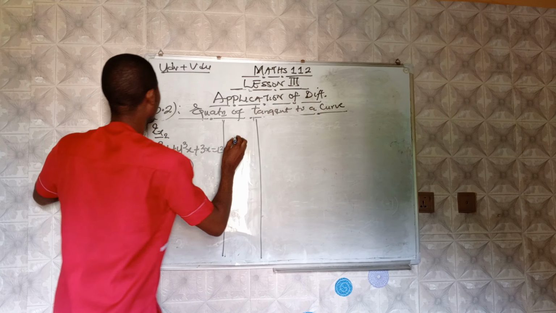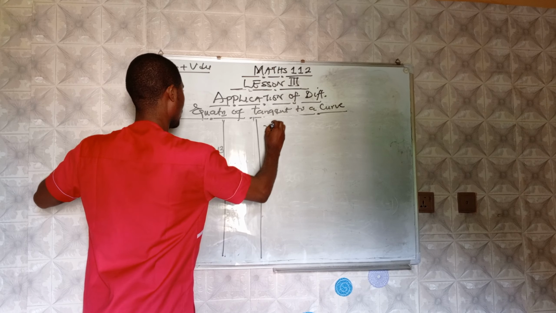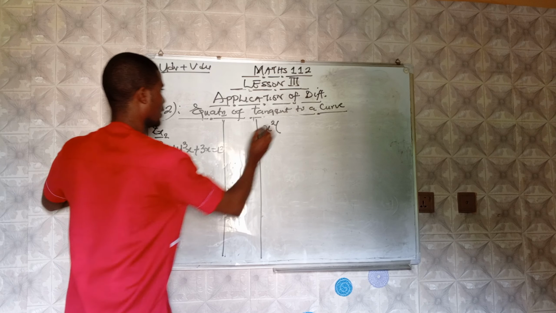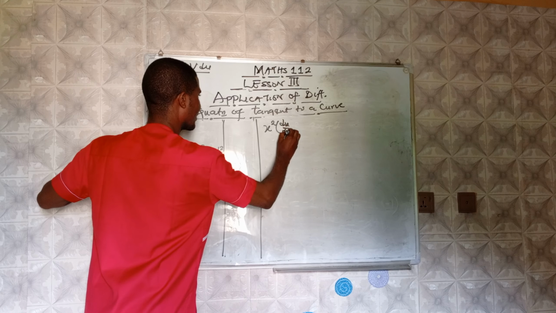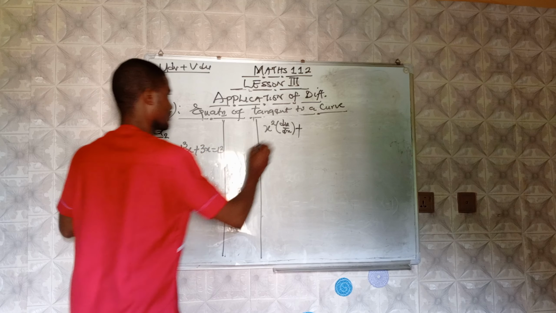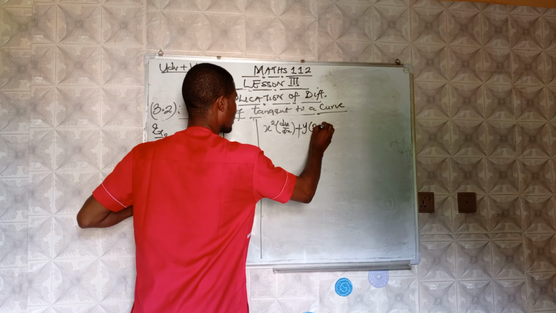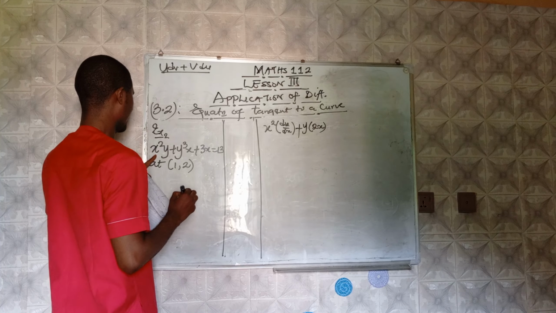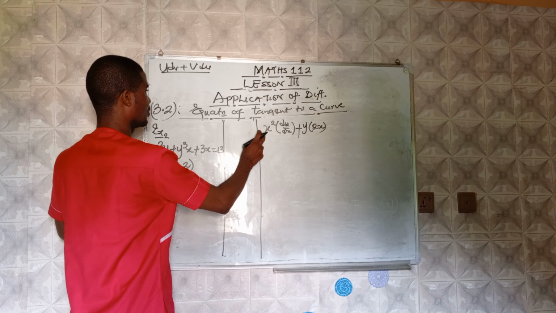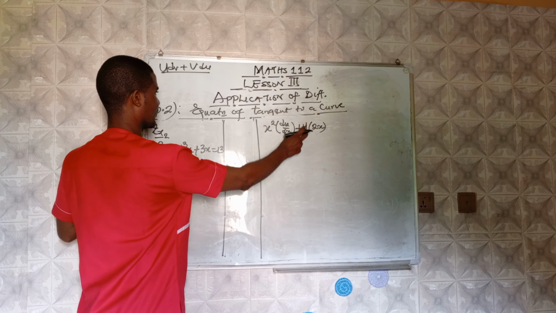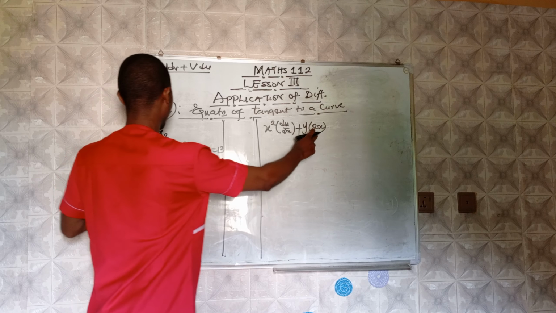Okay, so I have x squared into dy/dx plus y into 2x. I'm through with this, u dv plus v du.